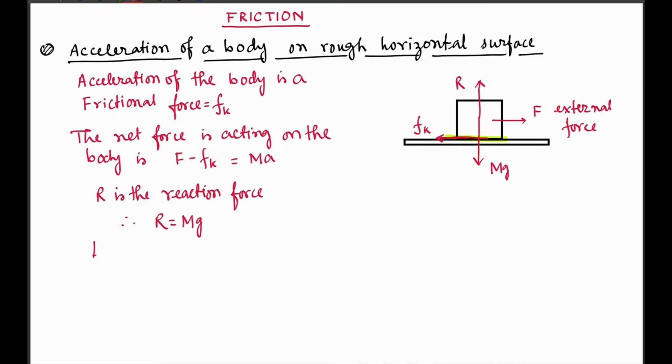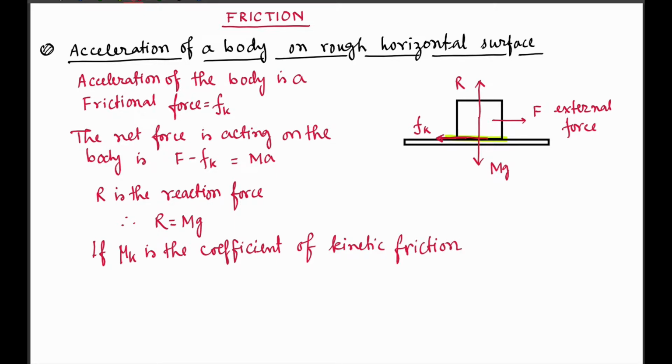If mu k is the coefficient of kinetic friction, then Fk is equal to mu k into R. Therefore, F minus mu k into R is equal to ma, or F minus mu k into mg is equal to ma.